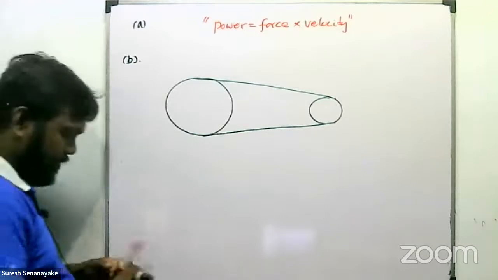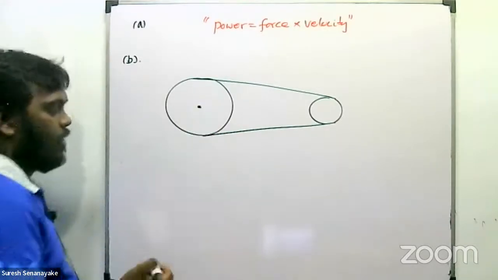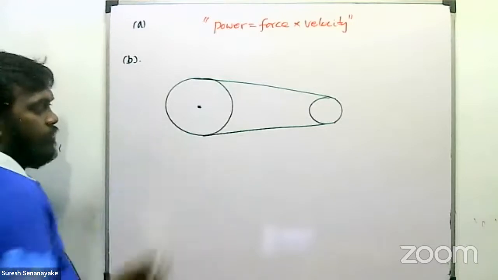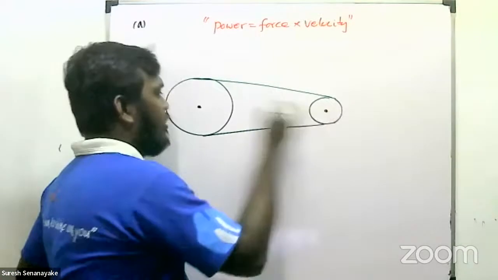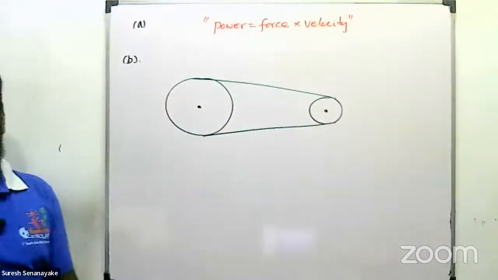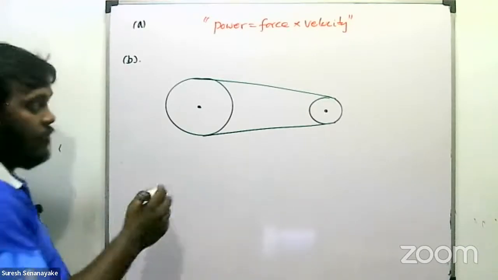This is the generator, this is the water wheel. The radius of the water wheel is 0.5 meters.